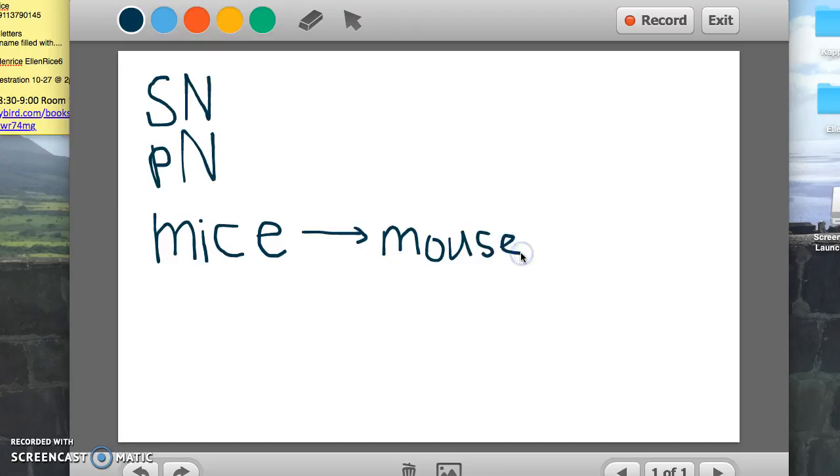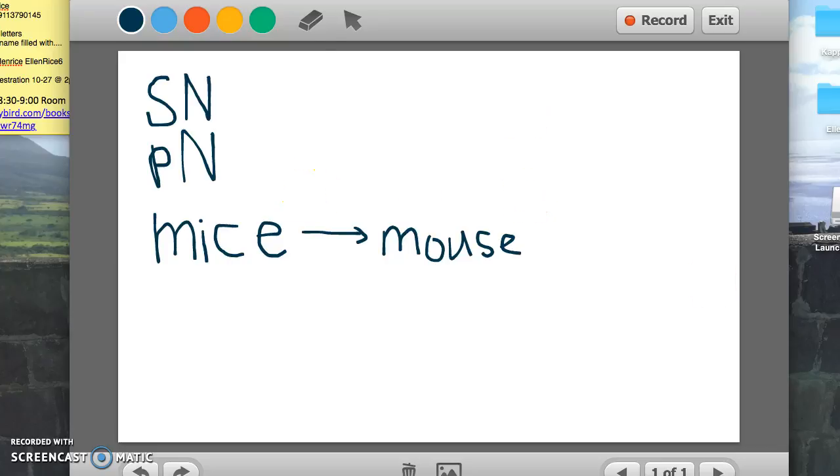And for a word like sheep, we don't change it to sheps or anything like that. We go from sheep to sheep, which is kind of confusing and it takes a lot of practice, but we'll get there.